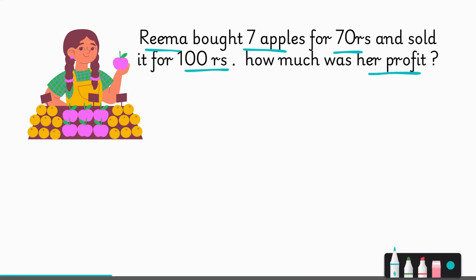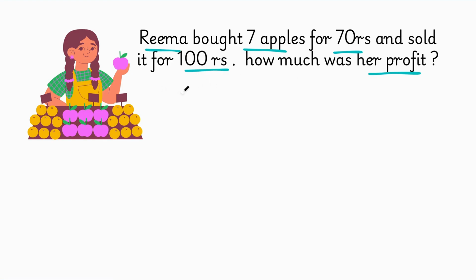Let's calculate it. They have told us she gained a profit, so that means the selling price is greater than the cost price. Let's check it. The cost price here is rupees 70 and the selling price here is 100. That means this is true, and she gained a profit, right?